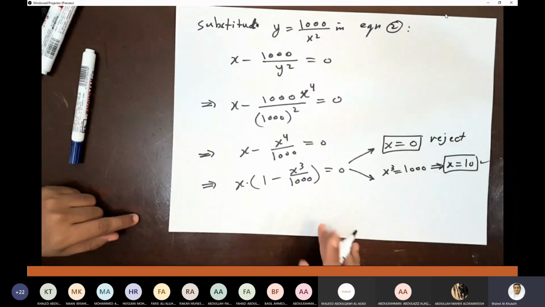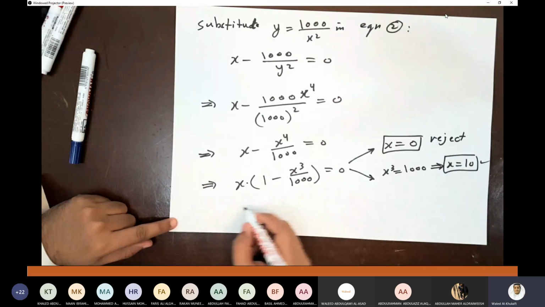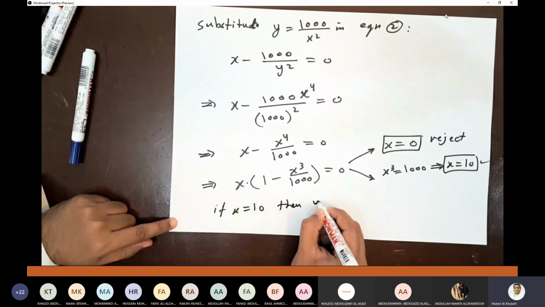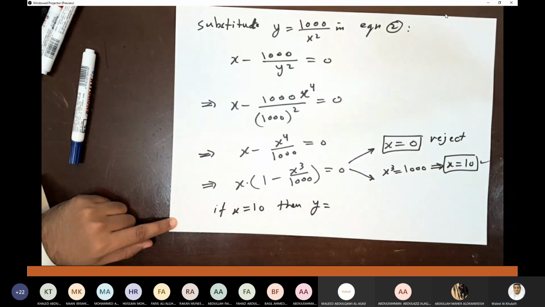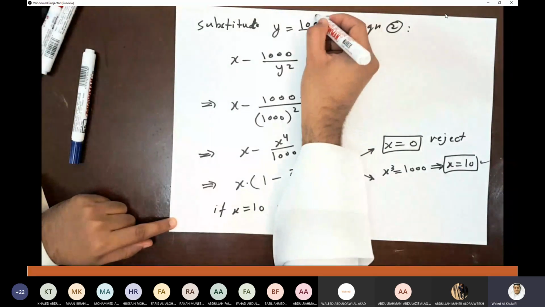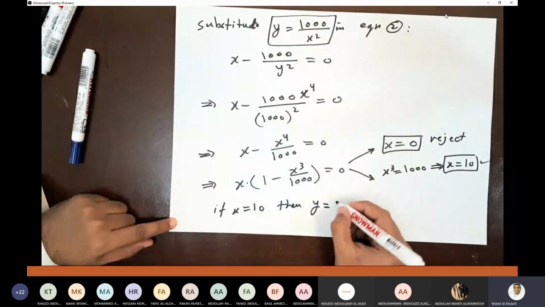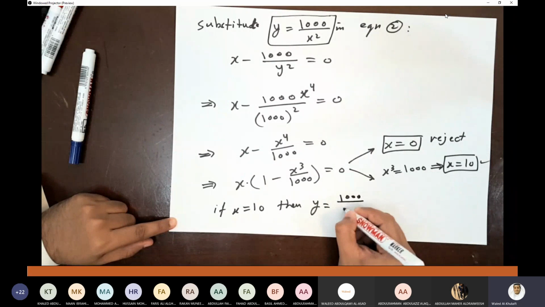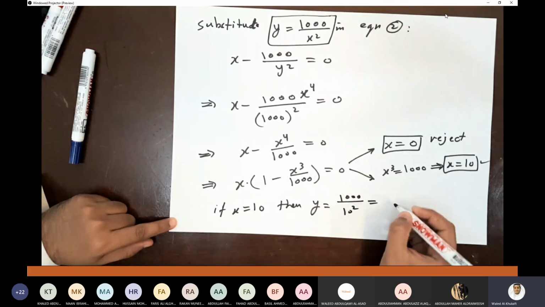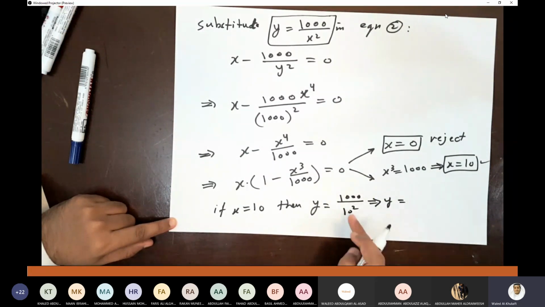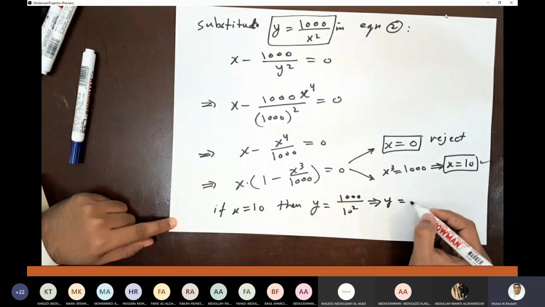So if x equals 10, then what is y, Shabab? From here, looking here, this is a relation between x and y. So y equals 1000 over 10 squared, which becomes y equals 1000 over 100, also 10.